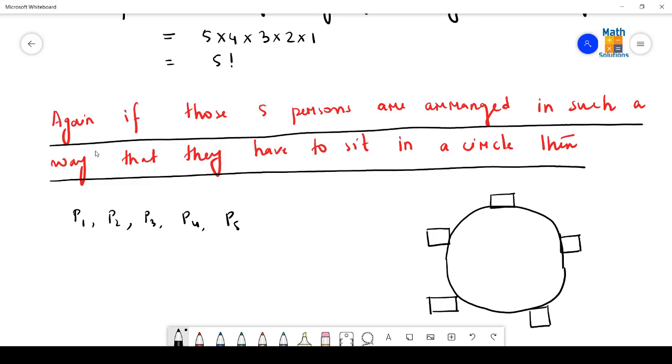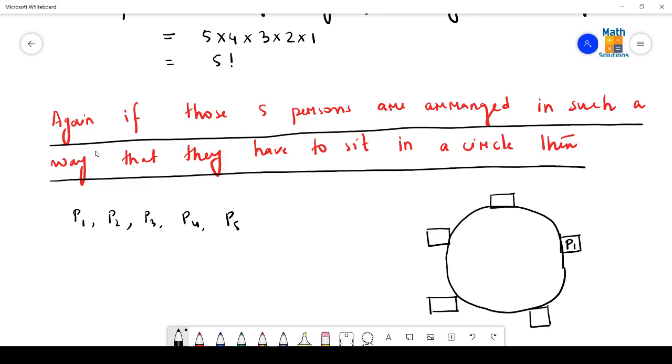Now for the first person, as there are 5 empty places, the first person can sit anywhere on these empty seats. Suppose I consider that the first person is sitting here at this position. Wherever this first arrangement is made will be considered a fixed place.